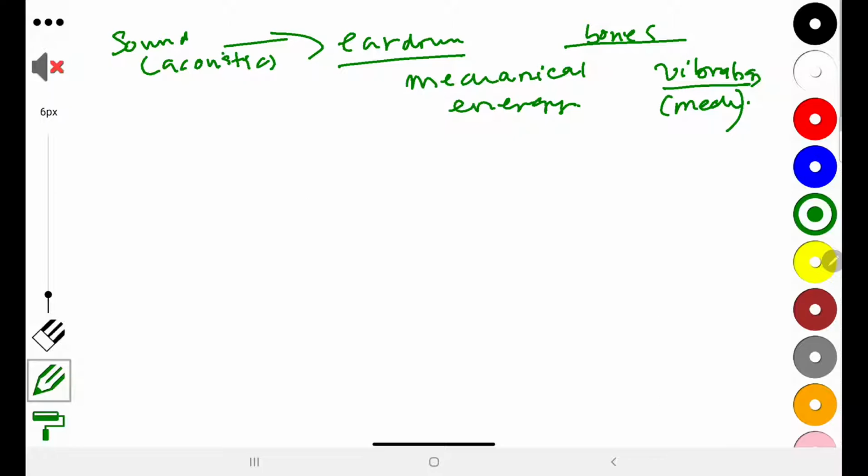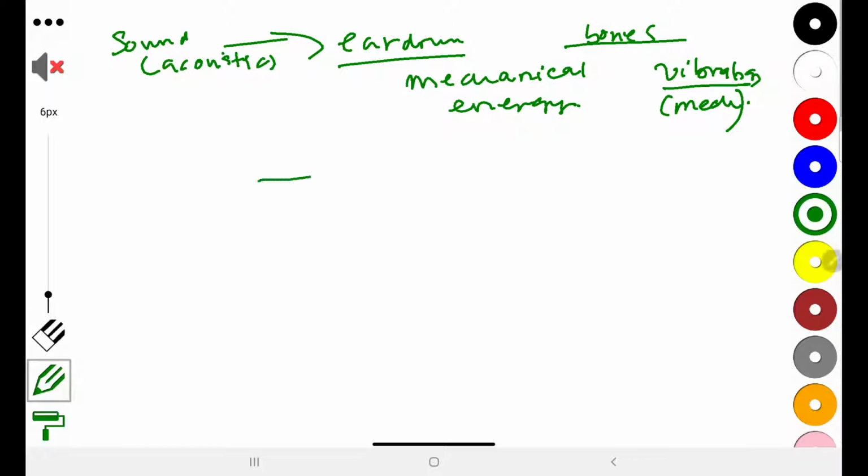Depending on the frequency, you find that a particular part of the basilar membrane will vibrate, and the vibrations, of course, will depend on the amplitude. Once that happens, it will result in the movement of the organ of Corti. So the organ of Corti will have this shear movement, and then the tectorial membrane moves.